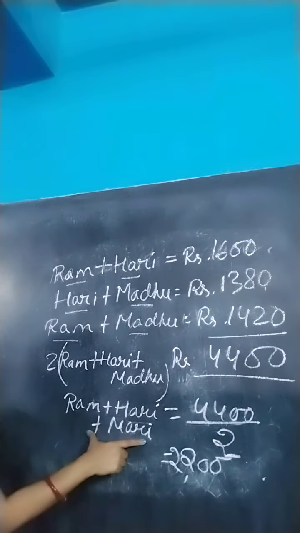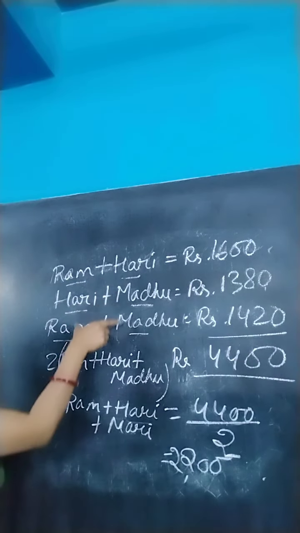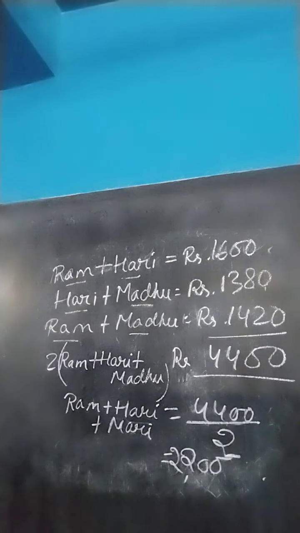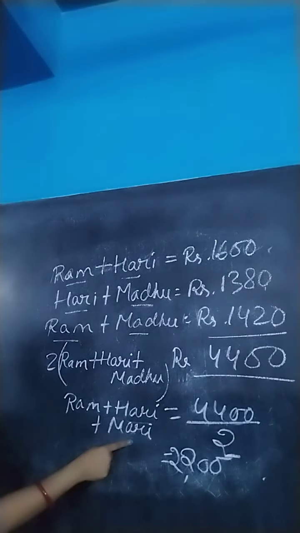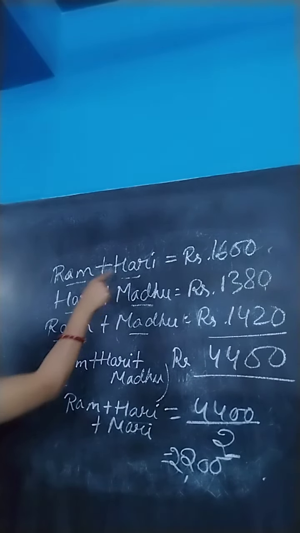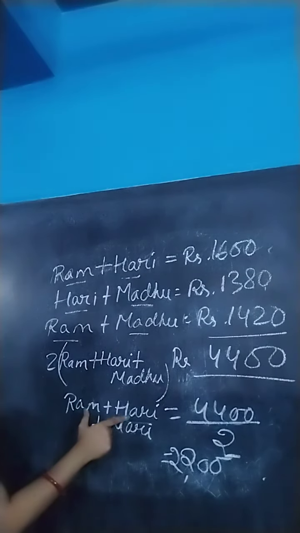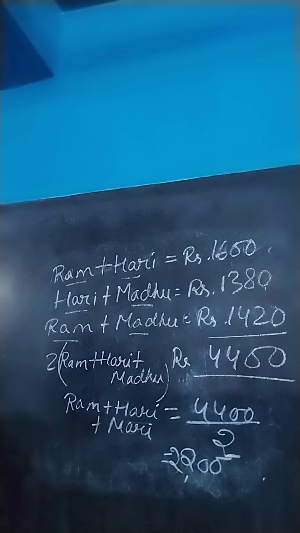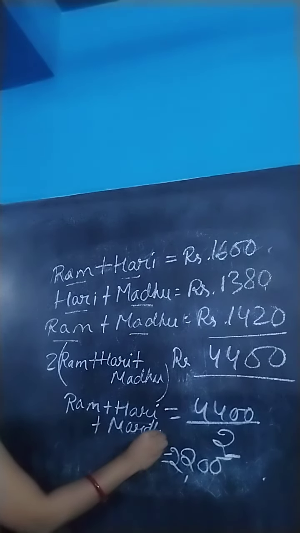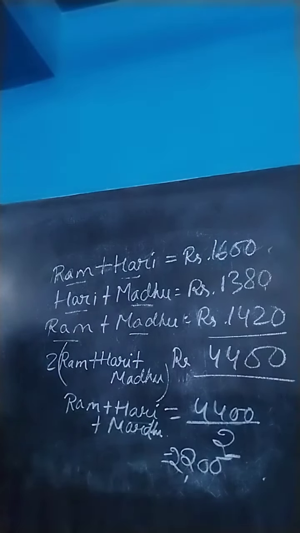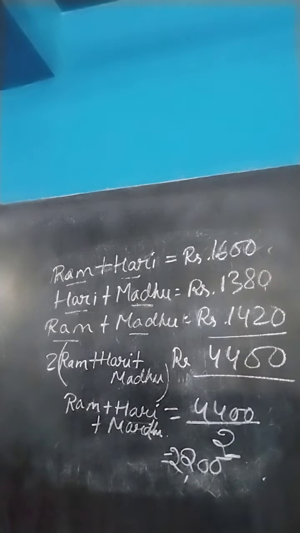Now from the three of them, if I individually subtract these two, then I am going to get the money of one. From Ram, Hari and Madhu, if I subtract Ram and Hari, I am going to get the amount of Madhu. If I subtract Hari and Madhu, I am going to get the entire amount of Ram.